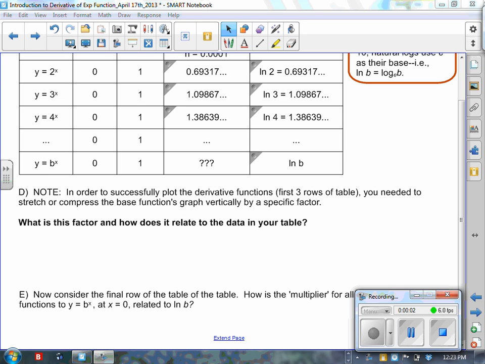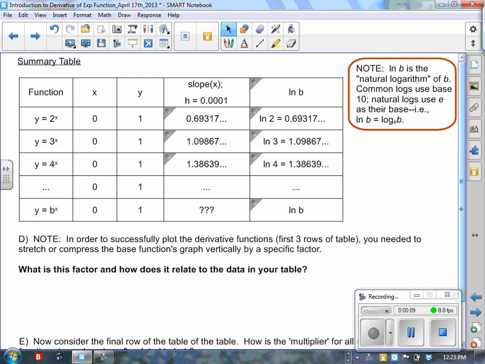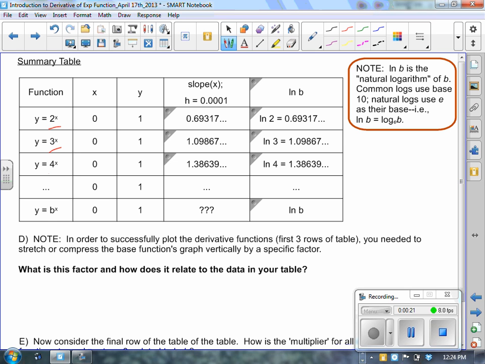At the end of today's class, we left off by having completed this particular slide. So we had filled out this chart that related the value of ln b, that is the natural logarithm of the base for these exponential functions that are listed here.